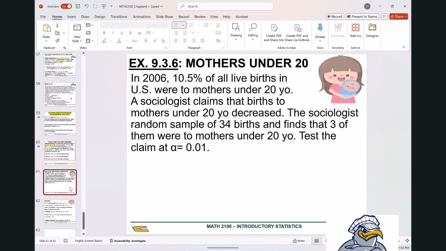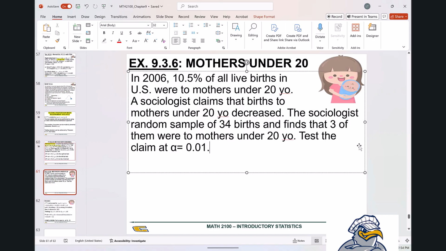Okay, let's look at an example so you can get a better sense of how to proceed when the condition is violated. In 2006, 10.5% of all live births in the US were to mothers under 20 years old.